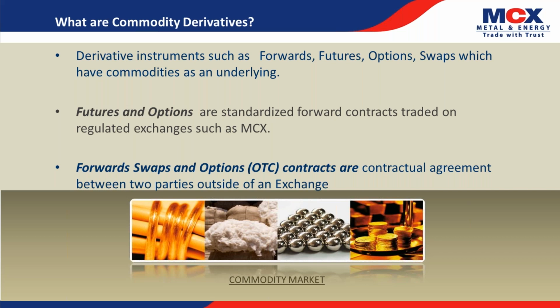And in addition to that, we have forwards, swaps, and options again, but these are OTC options contracts, which are contractual agreements between two parties outside the exchange, and hence they are negotiated. So generally speaking, when we talk about commodity derivatives, we can break them up into these two segments.